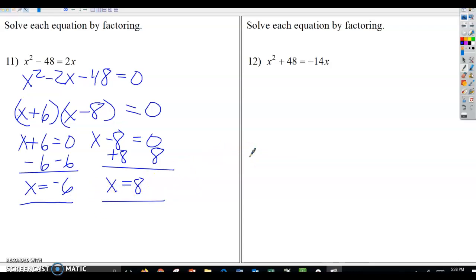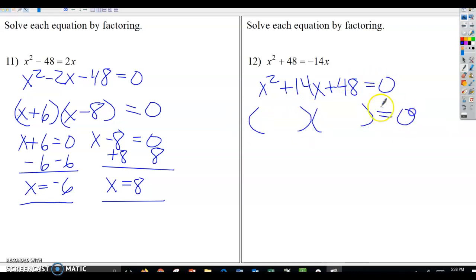All right, last example. So we've got x squared. I'm going to add 14x to the other side, plus 48 equals 0. All right, x times x is x squared. What multiplies to give me 48 and adds to give me 14? Well, 6 and 8, the difference of that gave me 2, but 6 and 8 added together give me 14.